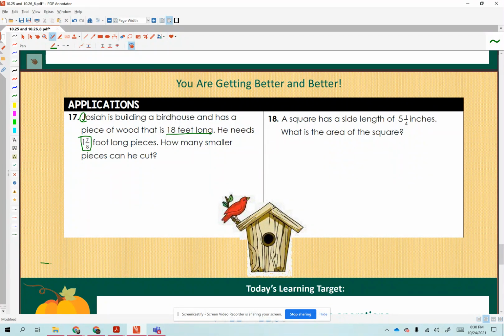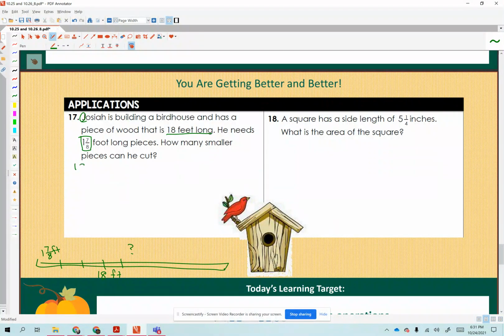So he has this long board that is 18 feet. And the question is, how many pieces, we don't know, of 1 7/8 feet can he get out of this board? So this is a division problem.